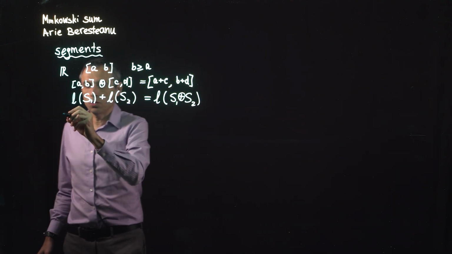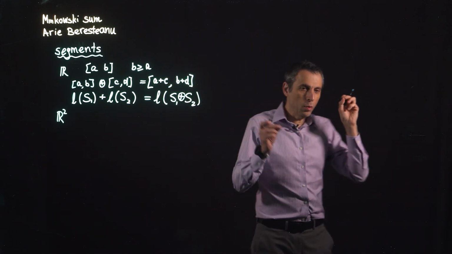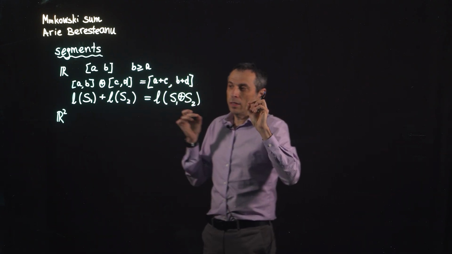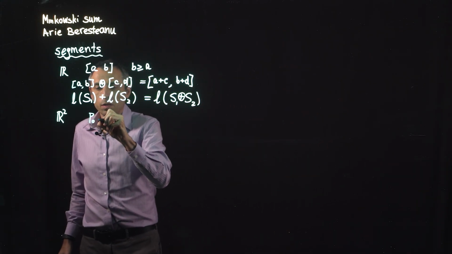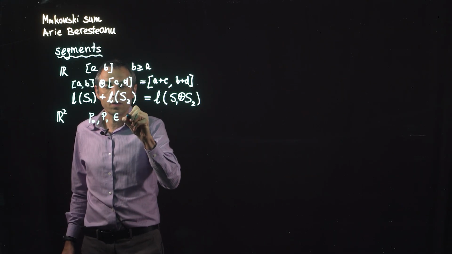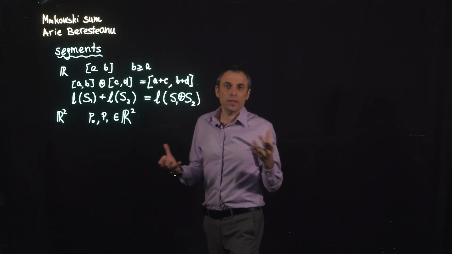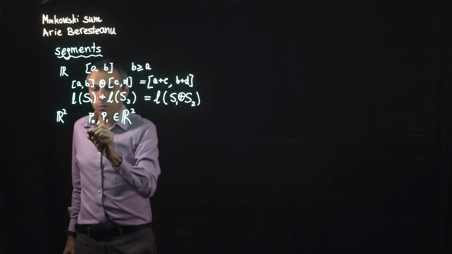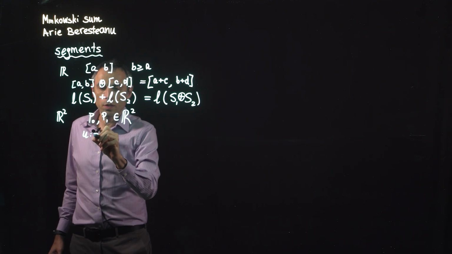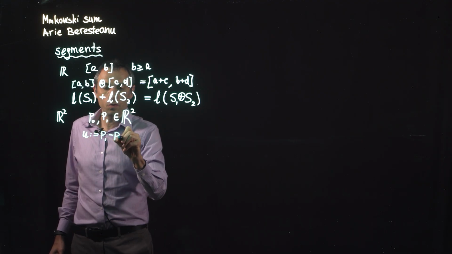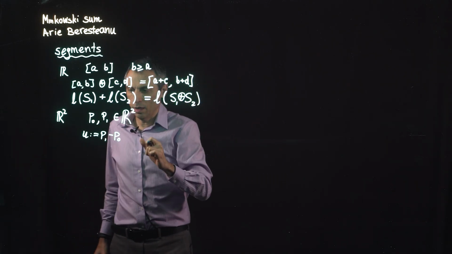Let's move to R2. Segments in R2. Now we will have 2 endpoints again, and the 2 endpoints can be any points in R2. Let's say P0 and P1, 2 vectors in R2. What is the segment that connects P0 and P1? I'm going to define U to be P1 minus P0, basically the length of that segment.